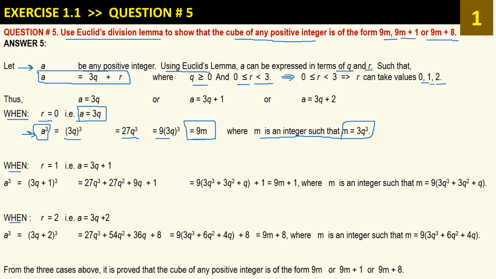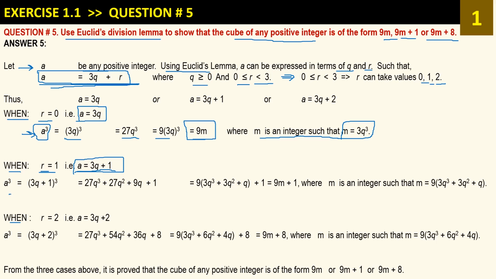Now let's go to the next scenario where r is equal to 1, that is a is equal to 3q plus 1, because if you put r is equal to 1 in the top equation, you will notice that a takes the shape 3q plus 1.